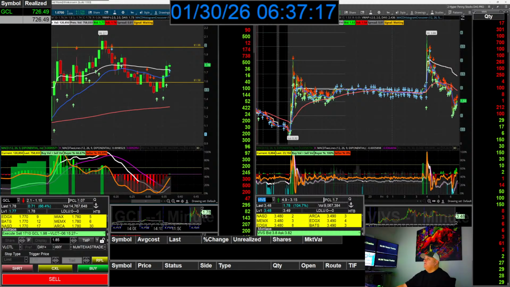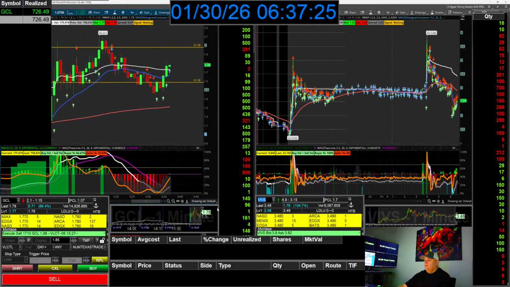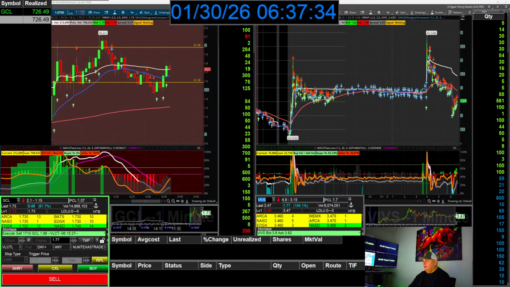This is so I don't have to keep slamming everything on one monitor, getting in and out, where I can't really pay attention to anything. Is this thing going to move? Is there an opportunity here? Let me see. Is it holding? It's bouncing off the VWAP.